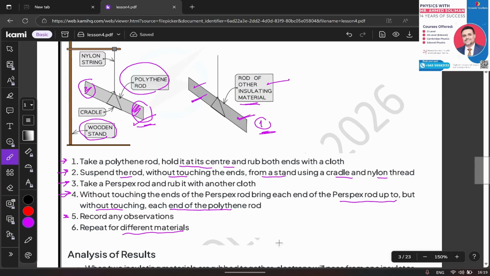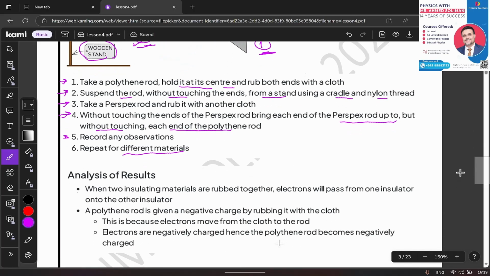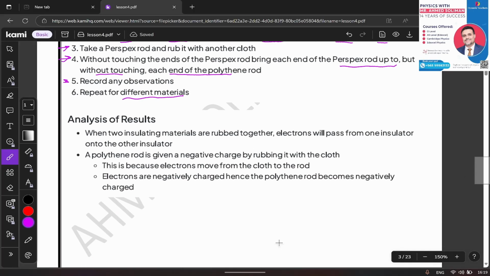Okay. So do you understand the steps, Bara? Yes. Okay. Now, analysis of result, Bara. Can you read the analysis of result?